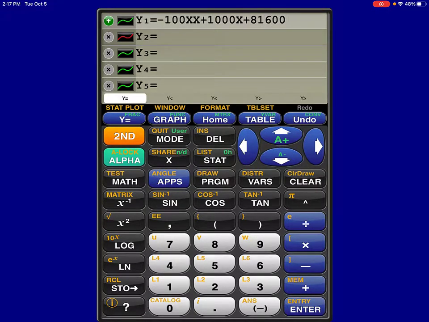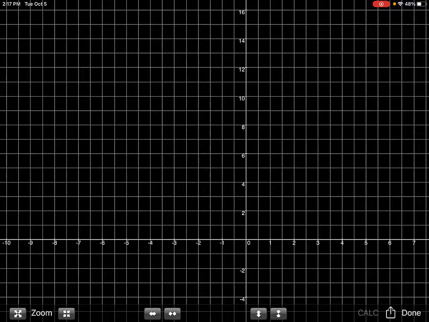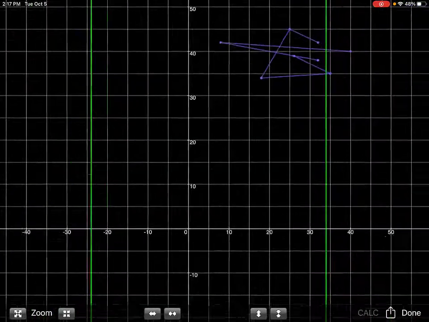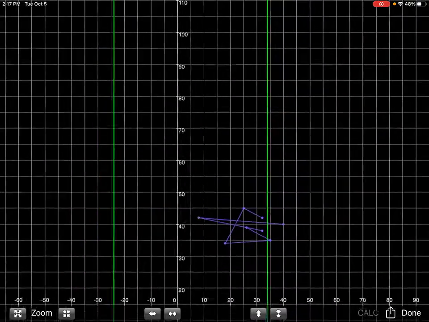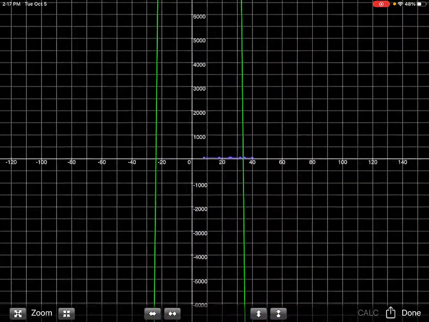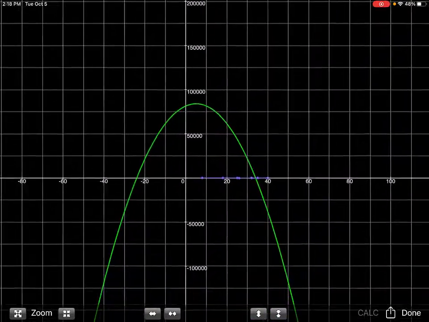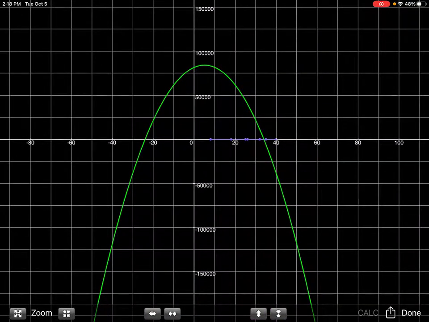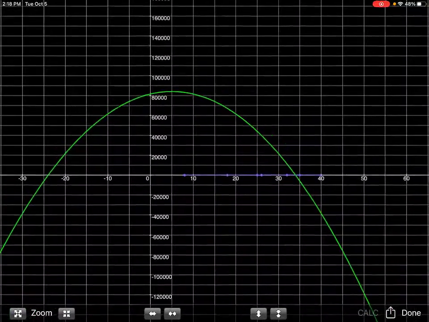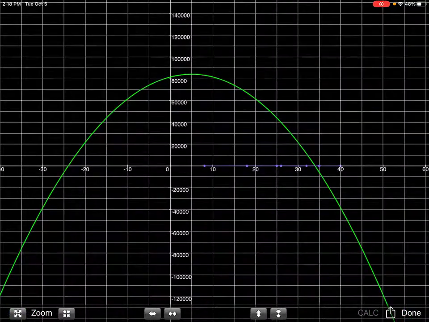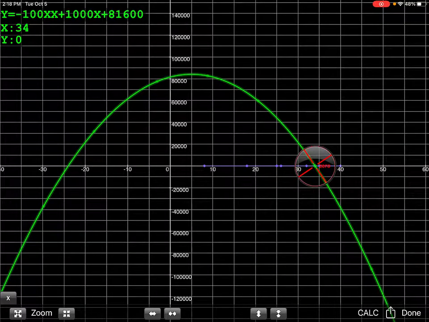And the neat thing about a graphing calculator is I press graph, I can just keep pinching until I get, well, what's that? It's changing the scales for me, if that makes sense. And so what I want to find is the two x intercepts. And that number is 34.